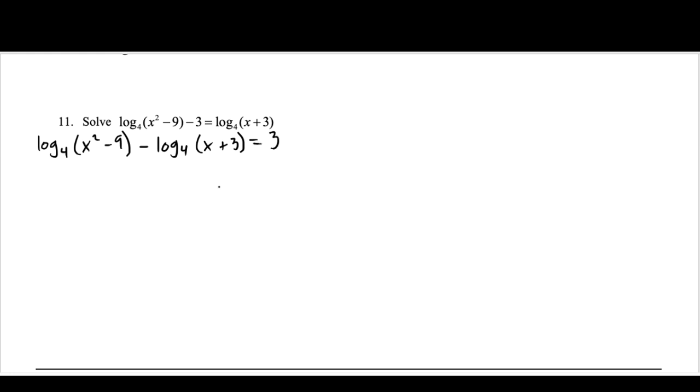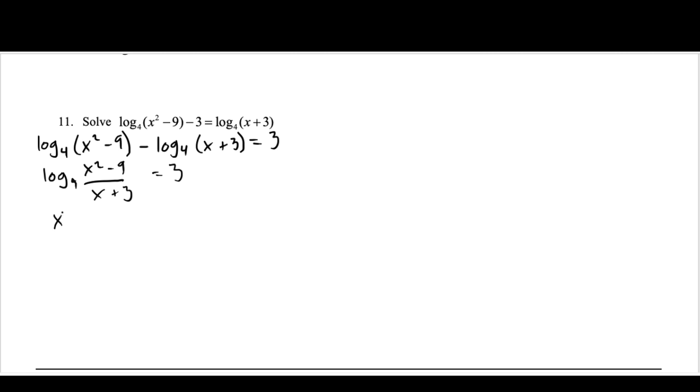equals 3. Then I can use the quotient property to consolidate both of these logarithm terms into a single logarithm, which will give me log base 4 of (x squared minus 9) over (x plus 3) equals 3. And then I can rewrite that in exponential form.